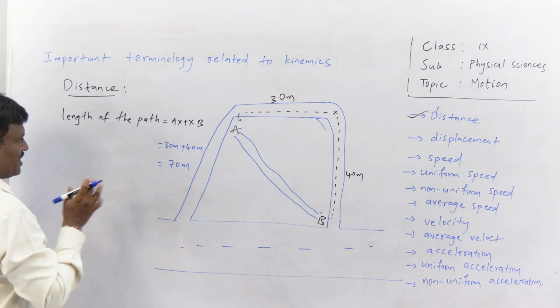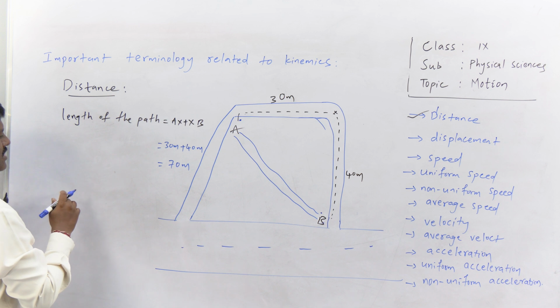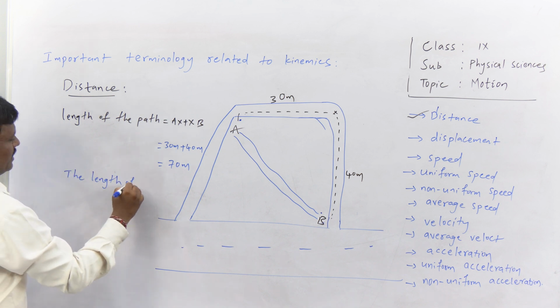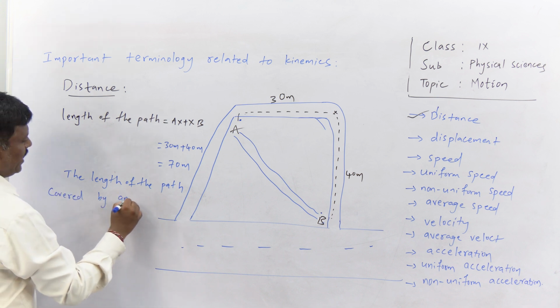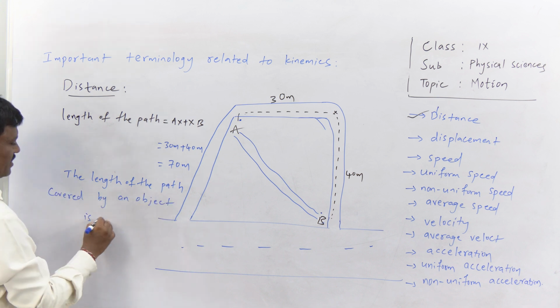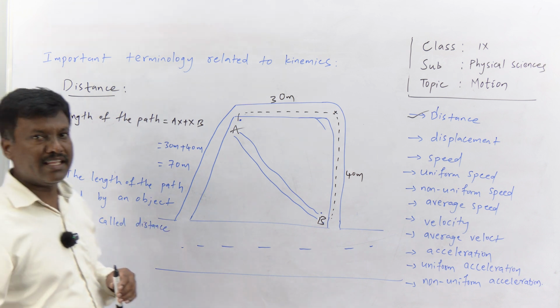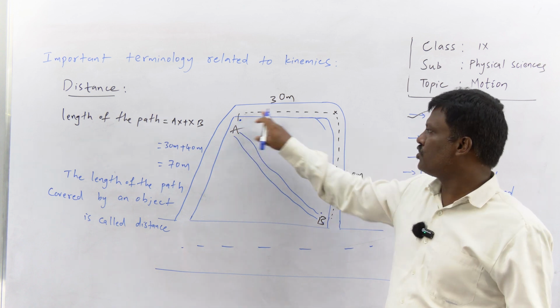Okay, now from this we can write the definition of distance. Distance is nothing but the length of the path covered by an object. This is distance, length of the path covered by an object. You started at A and you choose this path, right?